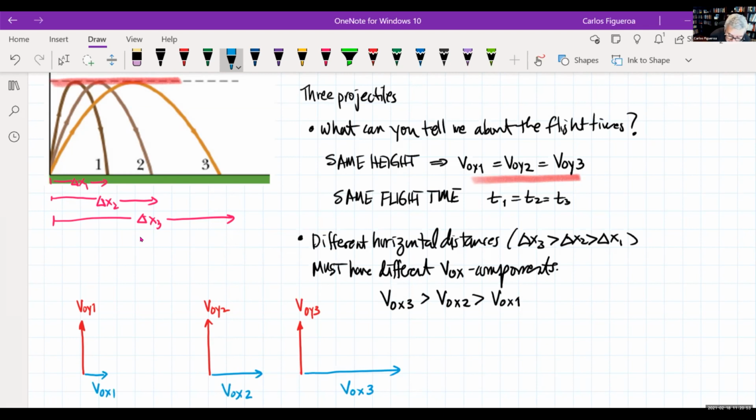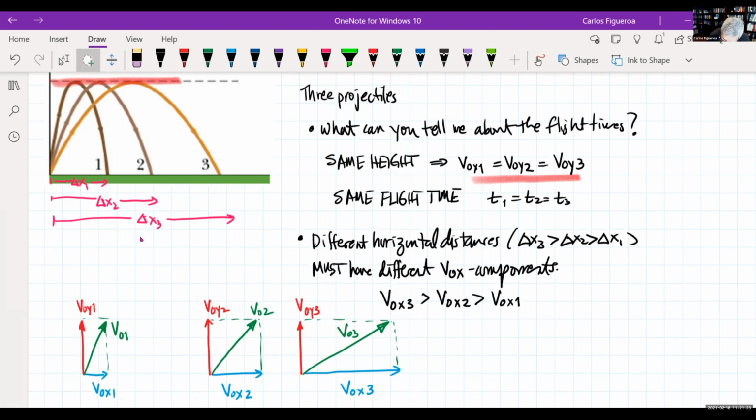So when I look at the initial velocity of this guy, I use the parallelogram rule. The parallelogram rule tells me that this is going to be the initial velocity of 1. And if I look at the parallelogram rule for 2, you can see that this velocity is longer than the other one. And if I look at the third, this is even longer.